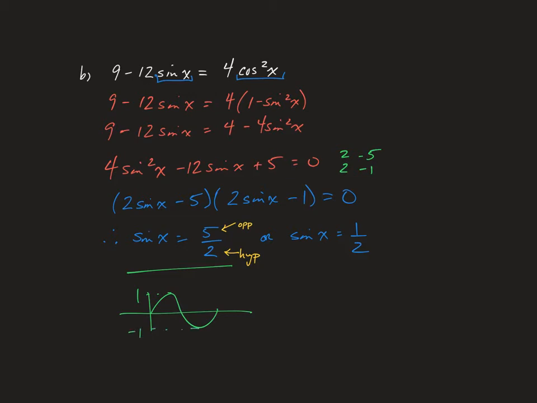And so anytime you have a sine value that is outside those, that is, if I don't care about the sign of it but just look at the number, any ratio value that's greater than 1, I cannot accept. So when we get down to that point, we should be good that sine x equals 5/2 is a solution that works for that equation. However, we can't accept it in the problem. And so therefore, we're going to mark that as inadmissible.